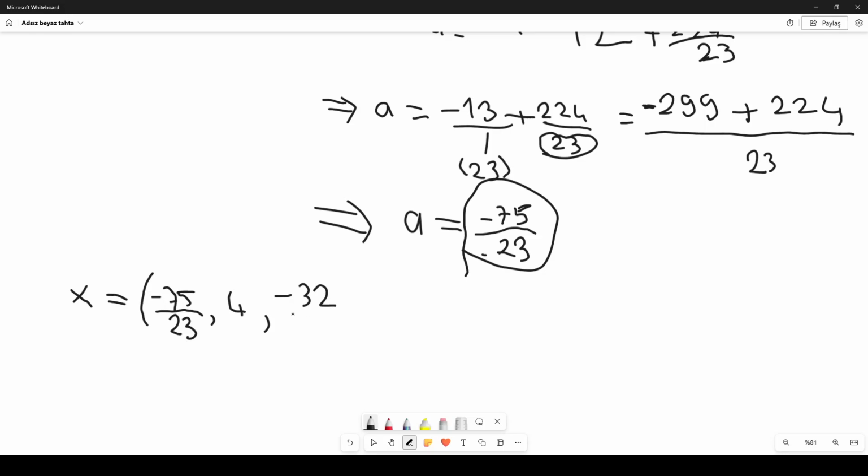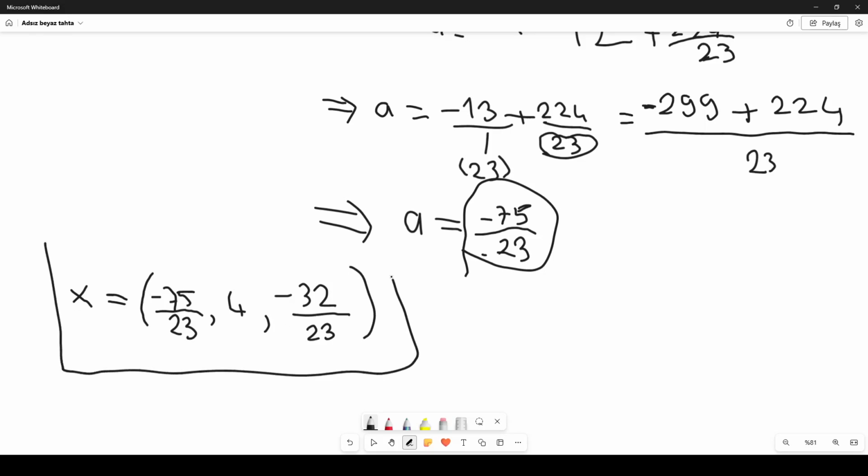All right, then this is our solution, right? And these are the steps of the Gaussian elimination method that we need to follow so as to find the solution of a given arbitrary system of linear equations.